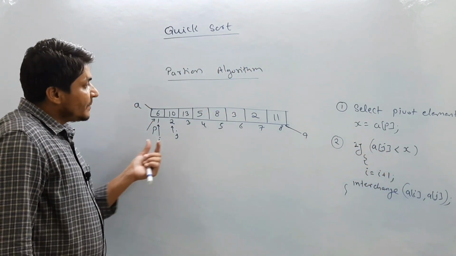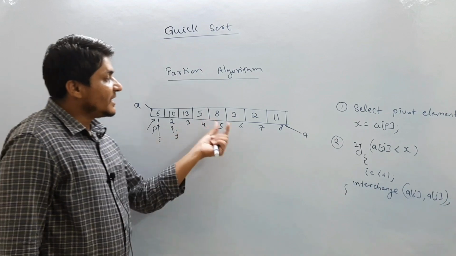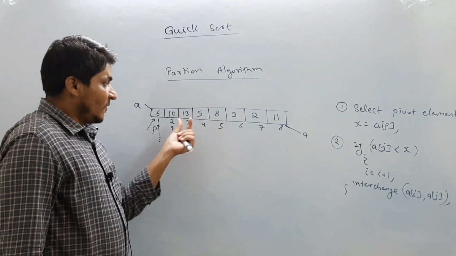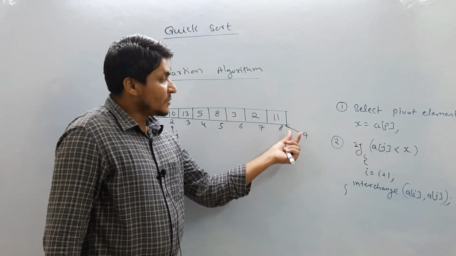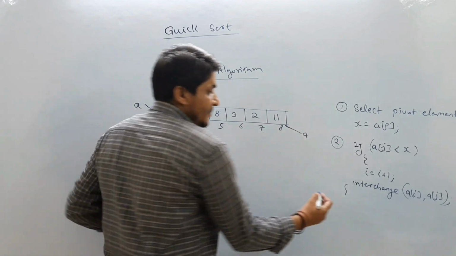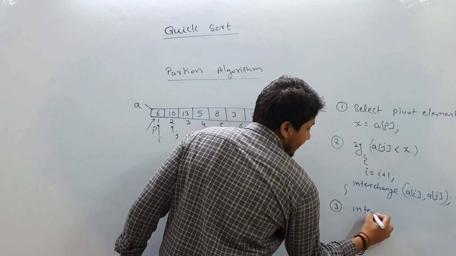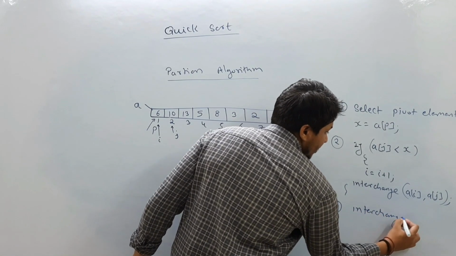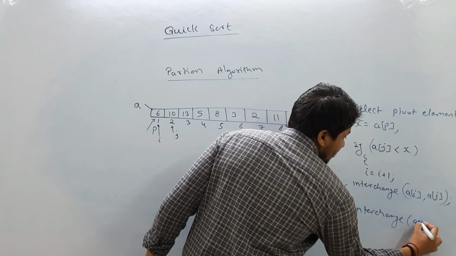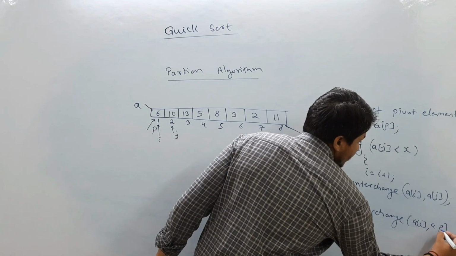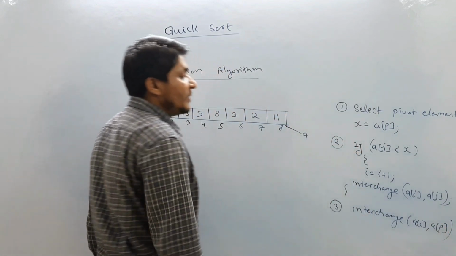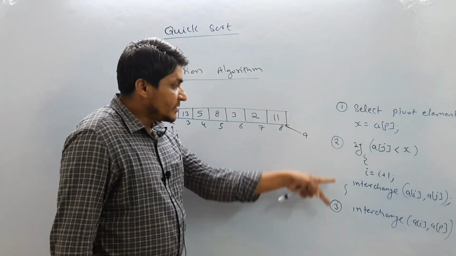We will repeat this process, comparing with each and every element of this array. Once this pass is completed, the last step we need to perform is to interchange A of I and A of p. So let us follow these three steps.